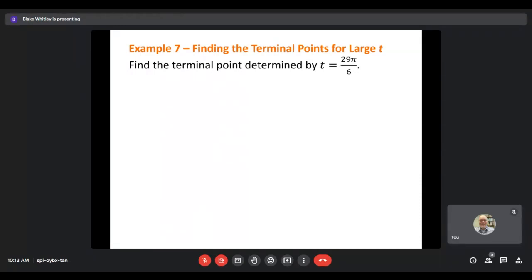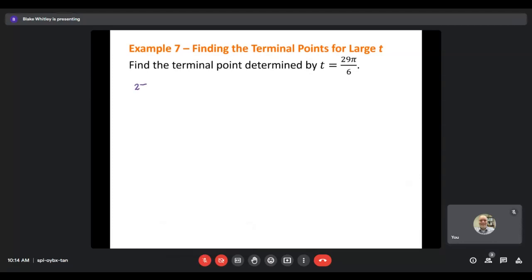Now, 29 pi/6 is definitely bigger than 2 pi. Okay, so this is going to be more than a full revolution. So the first thing I'm going to want to do here is start to subtract off those revolutions so that I can figure out where this t value is actually located.